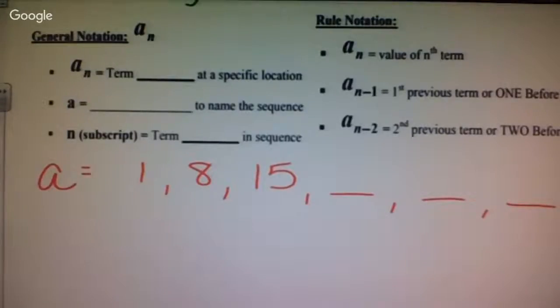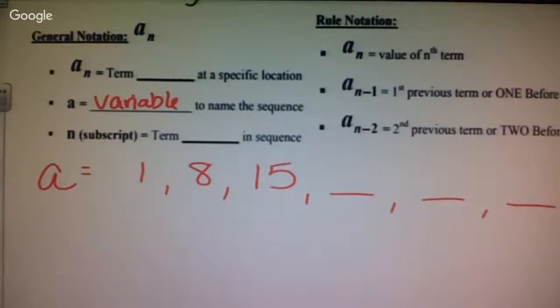A is just a variable that names the sequence. They can call your sequence S, they can call it T, they can call it anything they want, but they're going to use a variable.